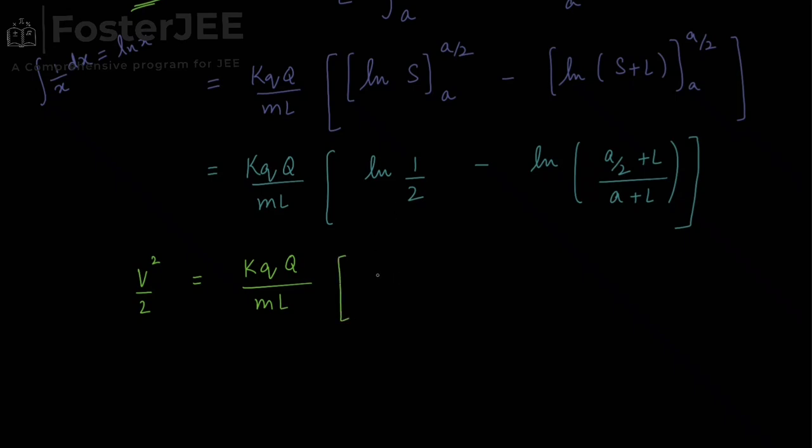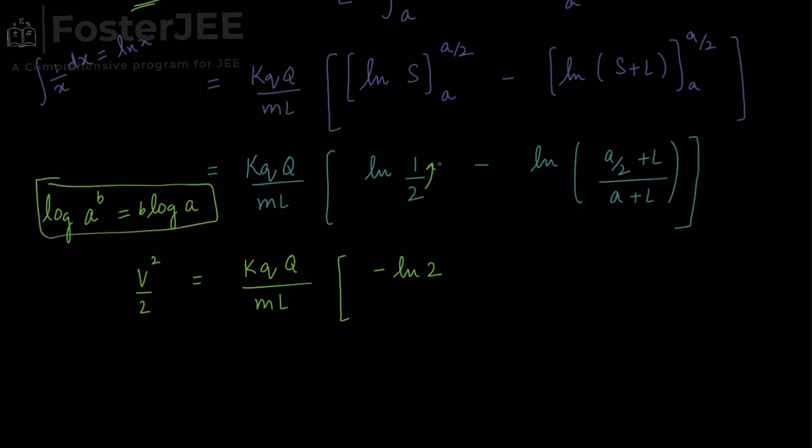Now this can be written as minus of ln 2. Why? Because a log b is log b to the power a. So using this property, this 2 goes up and it becomes 2 to the power minus 1, and minus 1 comes out.